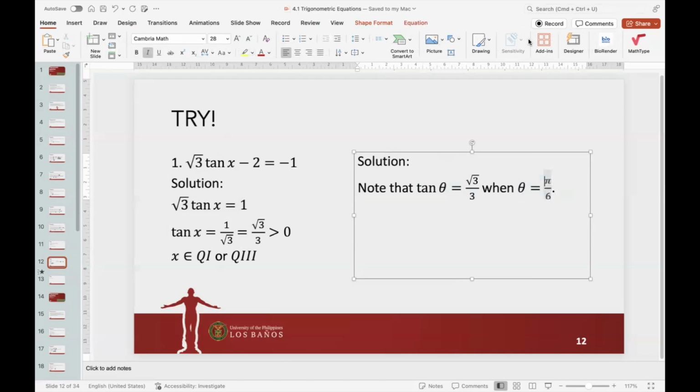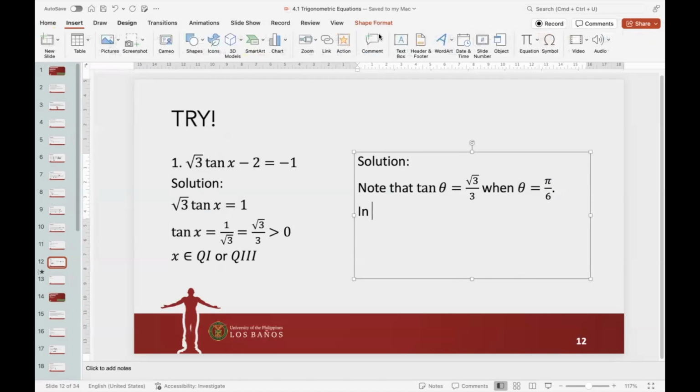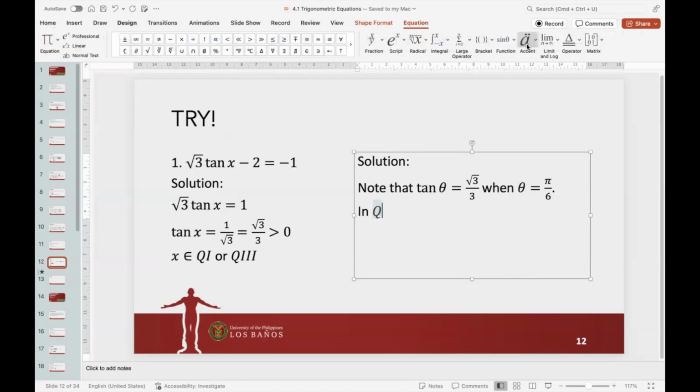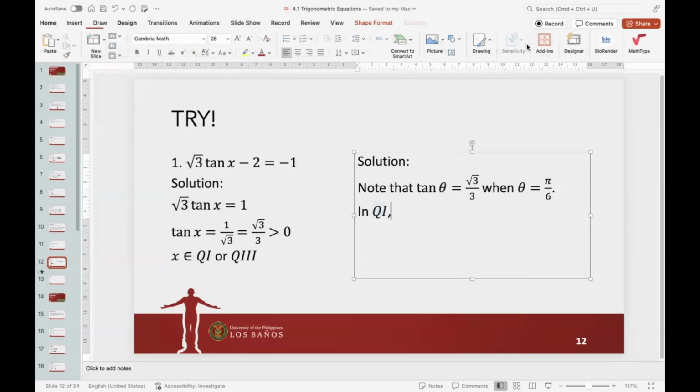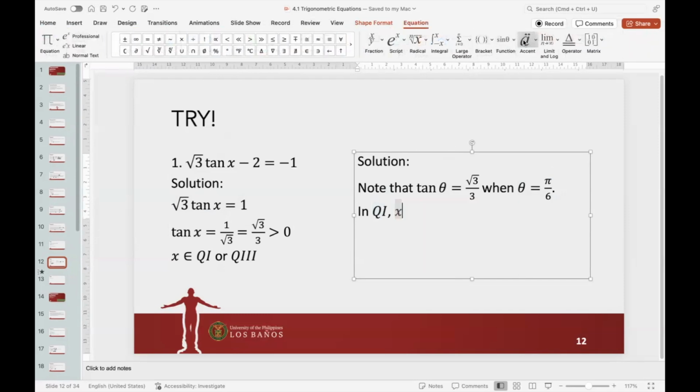So this is a positive acute angle, so that means we consider this theta as our reference angle. Now, in the first quadrant, our angle is already positive and acute.